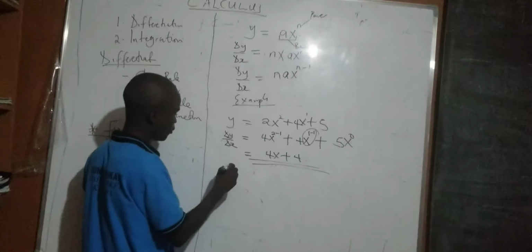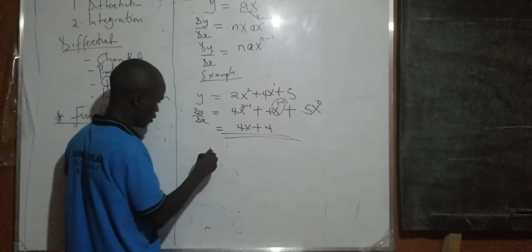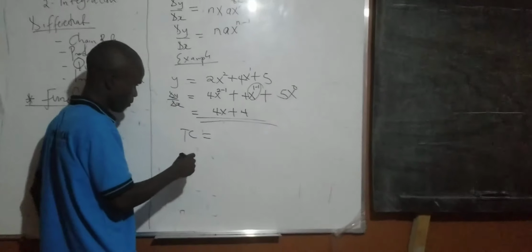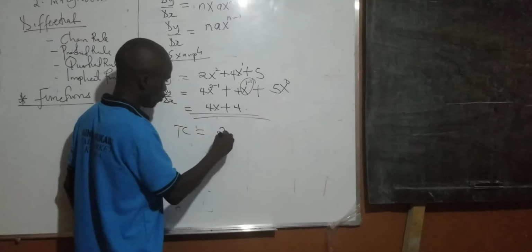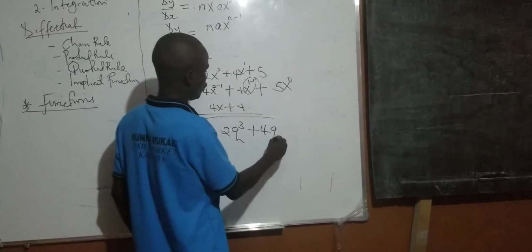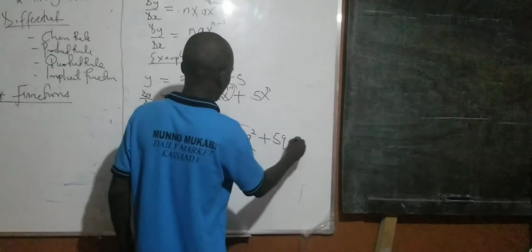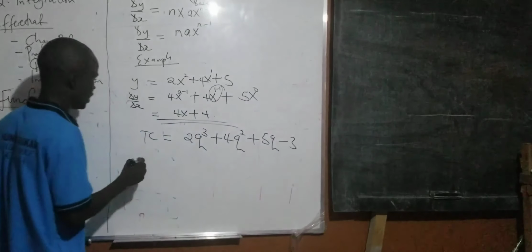If you look at example 2, they can say differentiate total cost equals 2q cubed plus 4q squared plus 5q minus 3. How do you differentiate this?